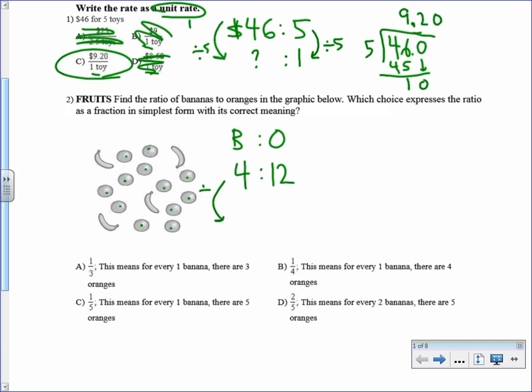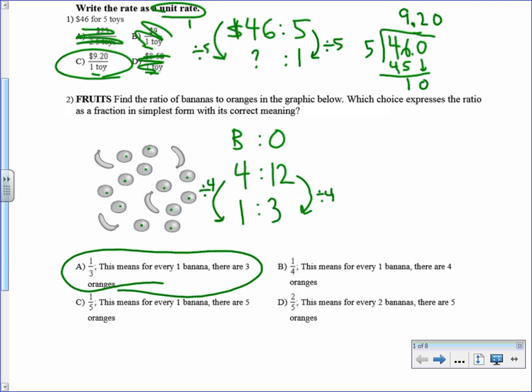Then they divided by 4 on both sides. And they got 1 to 3. That means for every banana there are 3 oranges. Some of you just circled it like this. 1 banana, 3 oranges. 1 banana, 3 oranges. Great. 1 to 3 is the answer, A.